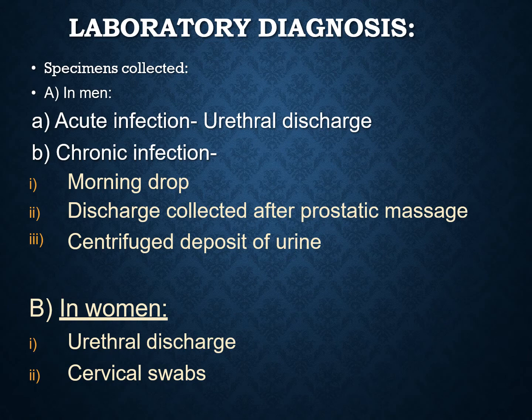In men, if it is an acute infection, the urethral discharge is collected, and if it is a chronic infection, the morning drop, the discharge collected after prostatic massage, or the centrifuged deposit of urine can be used as a specimen. In women, the urethral discharge is taken, or else cervical swabs can be used as a specimen.